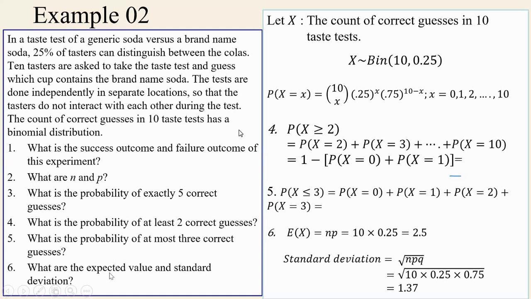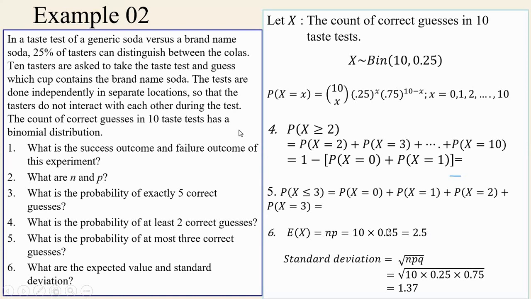Then what are the expected value and standard deviation? Expected value is n equal to 10 into p 0.25, that is 2.5. So on average, it is expected that 2.5 customers identify the branded soda out of 10 tasters, right?